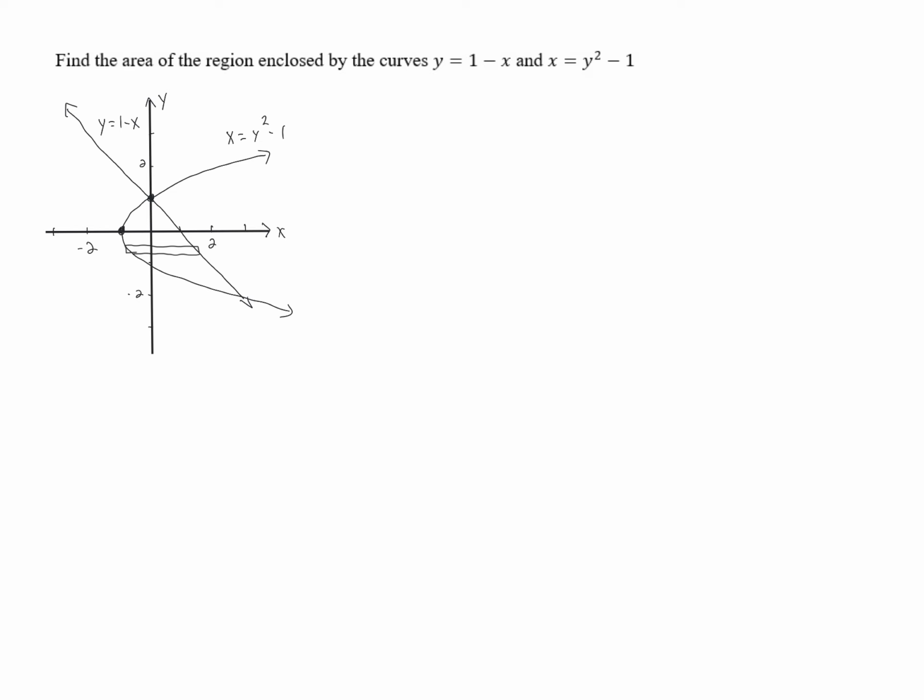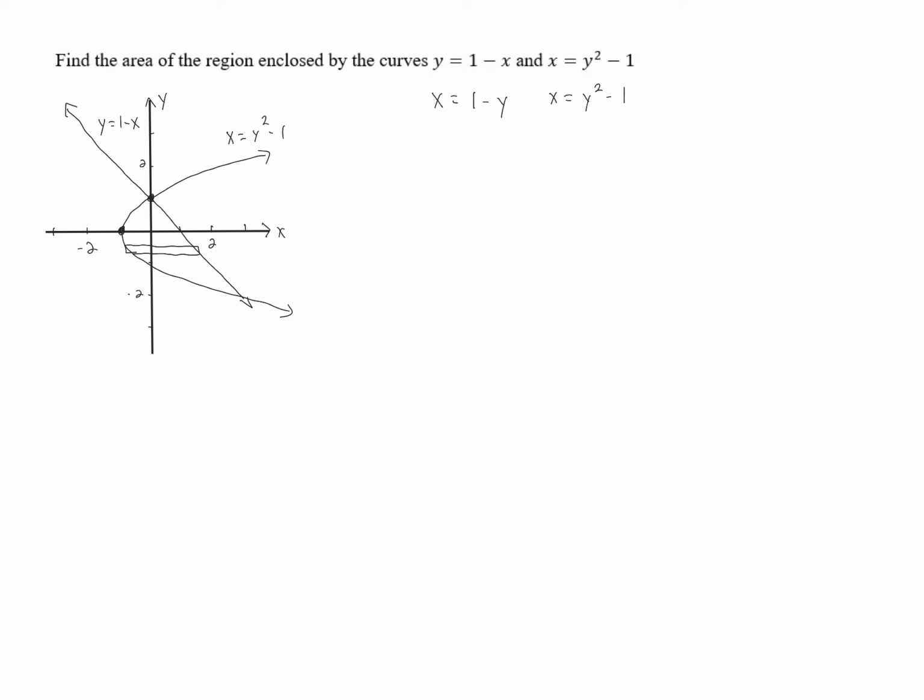So what we need to do is we need both of these written as x as a function of y. And we already have that for this one, so we need to do it for this one as well. If we add y to and subtract... if we add y and subtract 1 from both sides, that gives us x equals 1 minus y. So those are our functions.